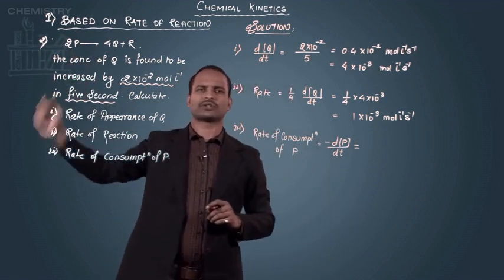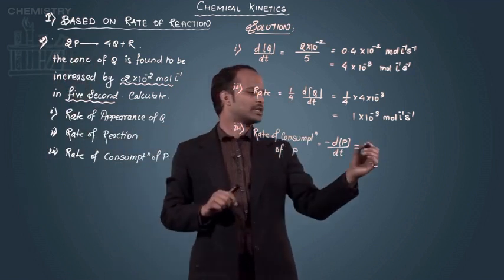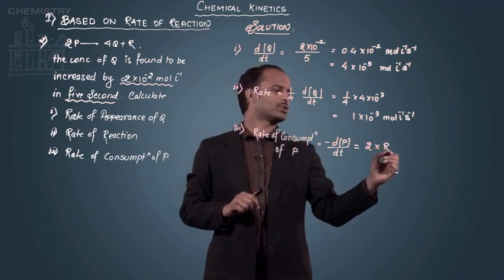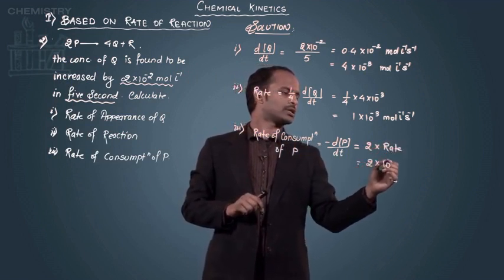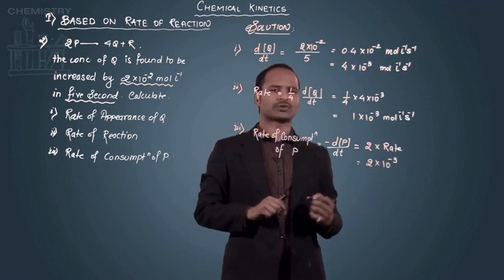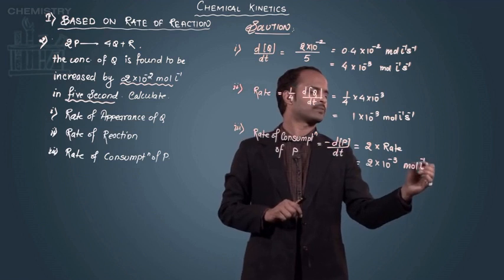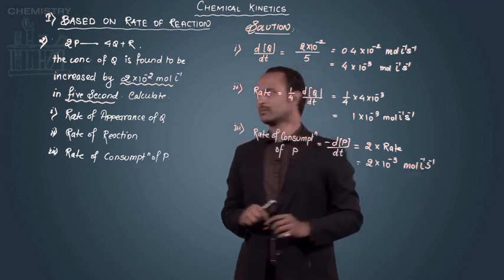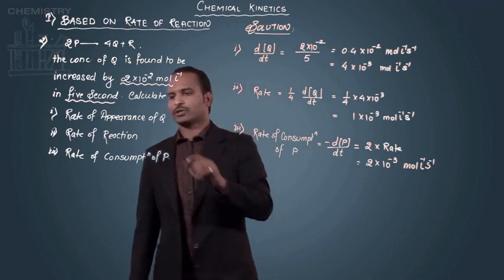In the reaction it is given 2 moles, so it is going to be twice of the rate of reaction, that is 2 into rate. And the rate is 1 into 10 raised to minus 3. So answer is going to be 2 into 10 raised to minus 3 moles per liter per second. So these are the answers for these 3 questions.